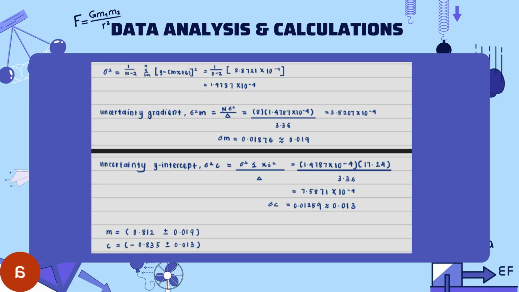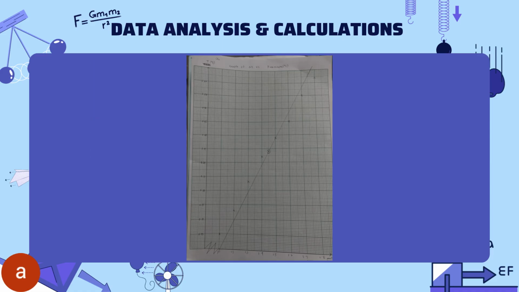In this part is the calculation to define the uncertainty for the gradient and also the y-intercept C. We just calculate from the formula given, and we can finally get the gradient uncertainty and also the y-intercept uncertainty for CO2. So this is the graph for CO2.